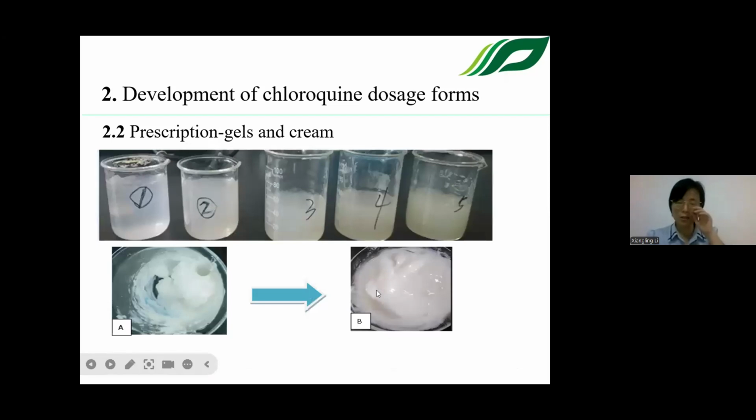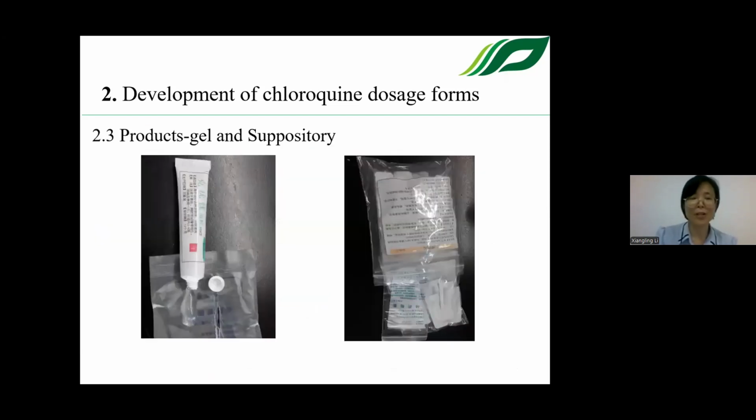So we tried another prescription to make chloroquine gels and cream. Finally, after a long period, we got 2 products of CQ gel and also one CQ suppository. Because it's easy for the suppository to melt, we decided to develop CQ gel first.